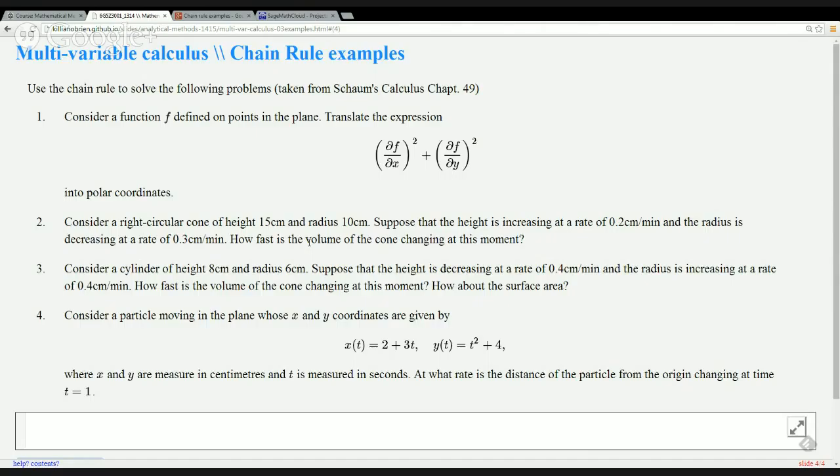So from the example in the lecture, we'll just record what we found there. We had dr/dx, dr/dy, and d theta/dx, d theta/dy.